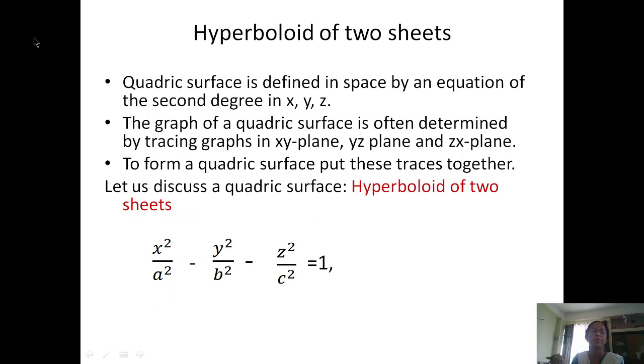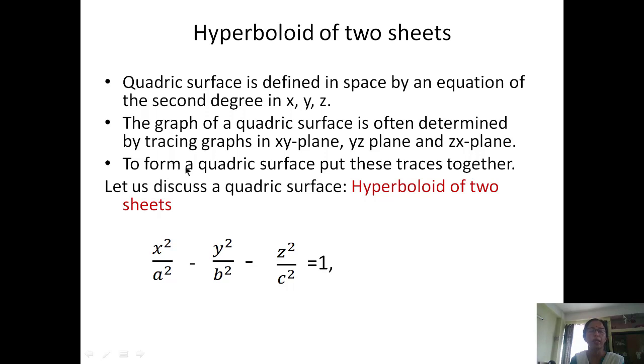So we have already discussed hyperboloid of one sheet. Now today we are going to discuss hyperboloid of two sheets. As we know, a quadric surface is defined in space by an equation of the second degree in x, y and z. The graph of a quadric surface is often determined by tracing graphs in the xy plane, yz plane and zx plane.